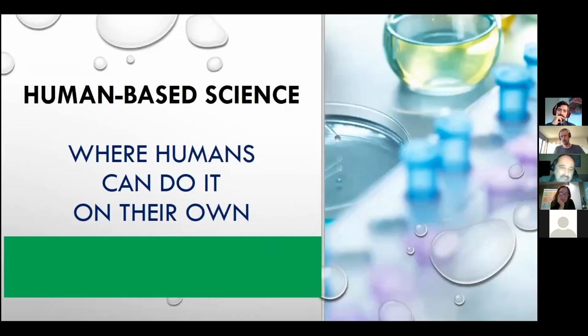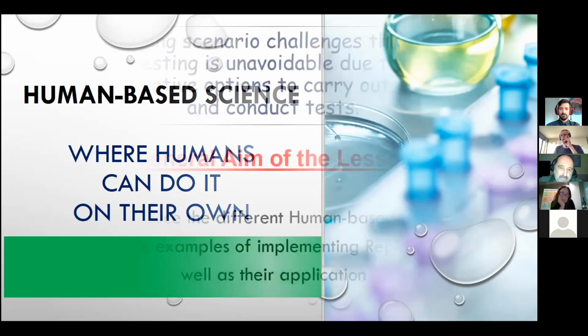So the idea that we had come up with was to present this idea that humans can do research, or humans can, for example, find cures to diseases without necessarily having to refer to animals or produce maybe new products or test liquids or whatever. We can do it in a way without relying on animals. That was the basic concept.